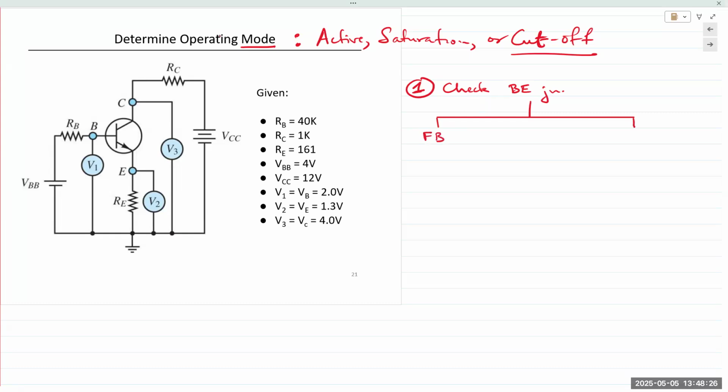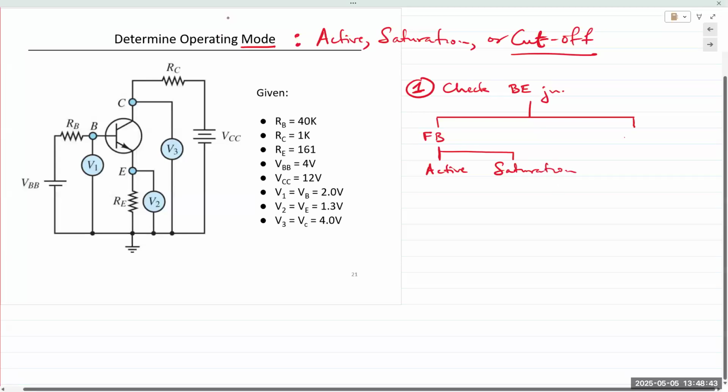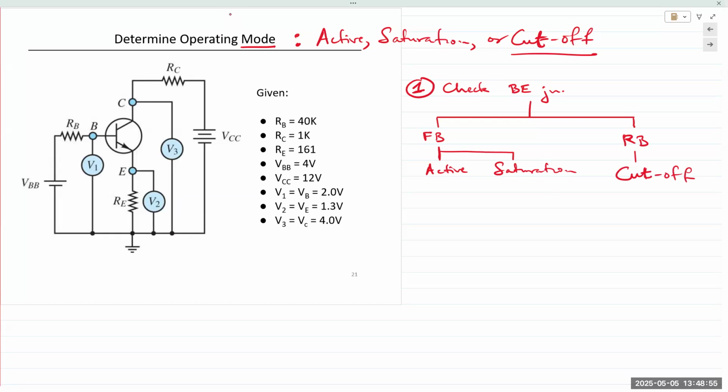If it's forward biased, then again we have two options: it could be in active or it could be in saturation. But if it's reverse biased, then there's only one option, cutoff. Hence, our first step should always be to check whether the base emitter junction is forward biased.